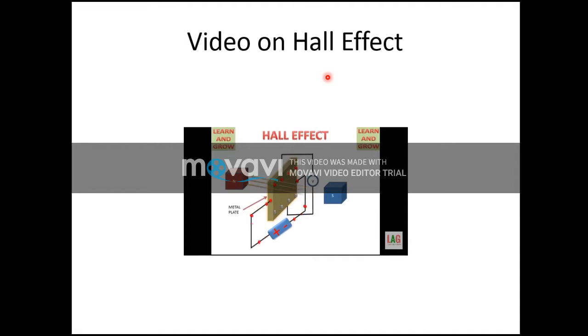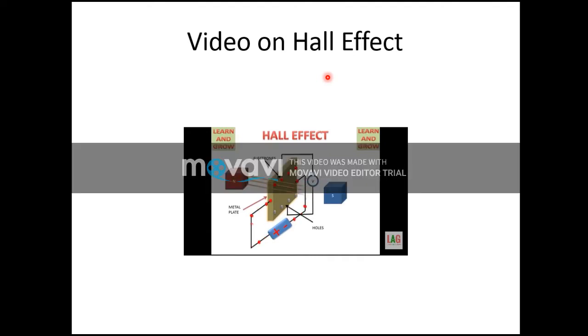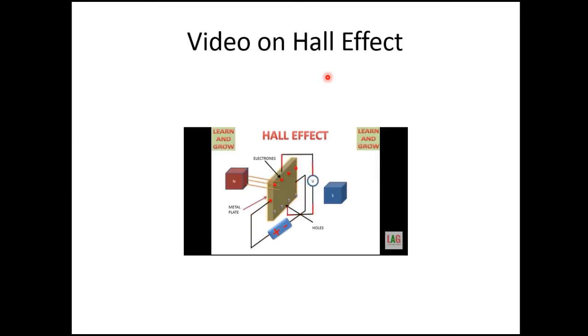As you can see, on one side of the plate there is an accumulation of electrons, and on the other side there is a deficiency of electrons, so it means you are getting a positive charge on that side. This positive and negative charge across the slab will develop an electric field, and finally the Hall potential difference, which we call Hall voltage, which can be measured.